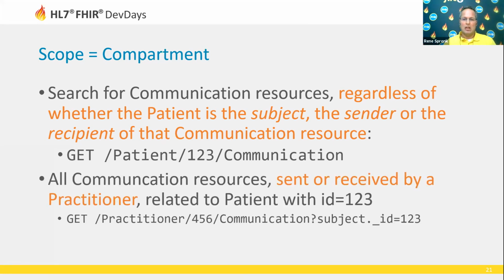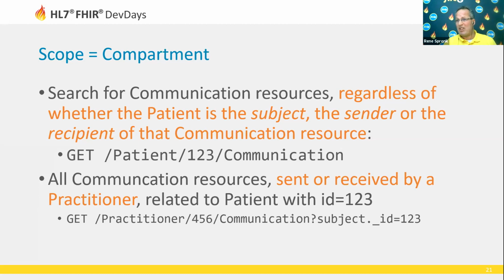Okay. Now, in the second example, I'm going to use the practitioner compartment. So for a particular practitioner /456, that particular practitioner compartment, give me all communication resources where the patient ID, or the logical ID of the subject, is 123.